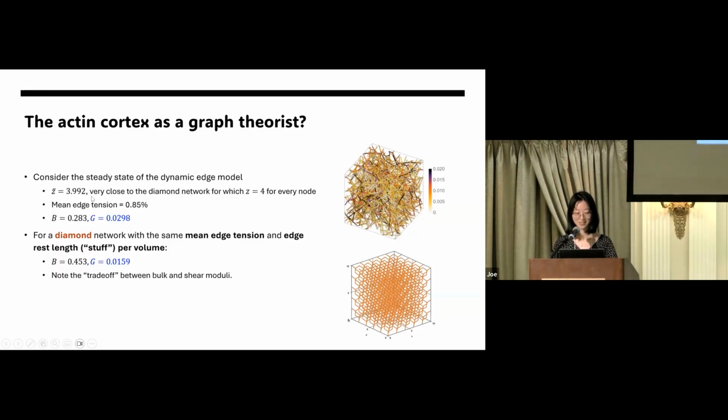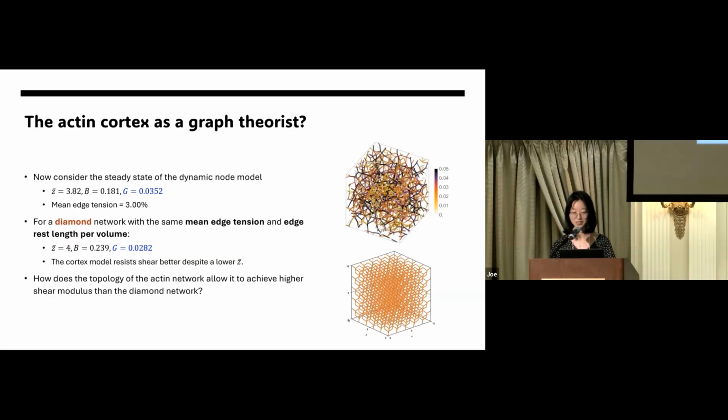And we find that even if they have similar values of z, one is 0.92, one is 4, the actin model has a higher shear modulus. But if you look at the trade-off between bulk and shear moduli, it seems that the actin model worries about shear modulus more. And this also happens with the dynamic node model.